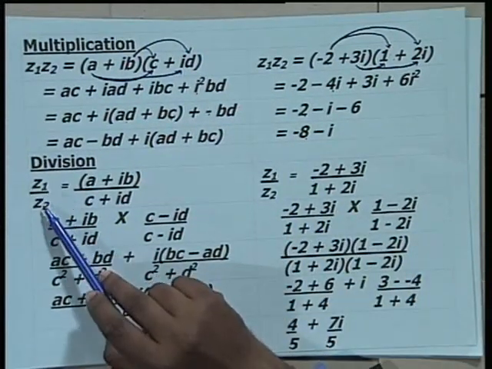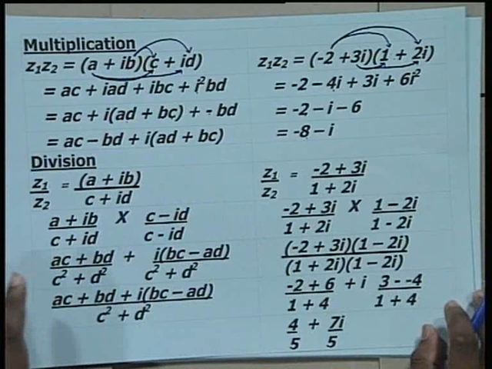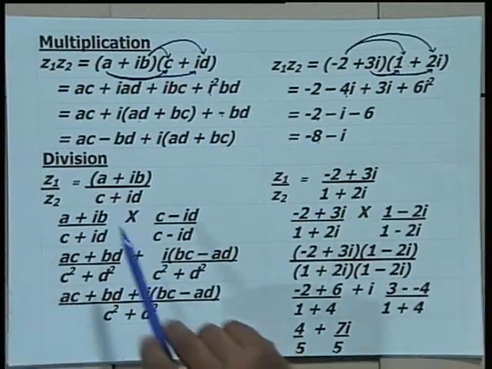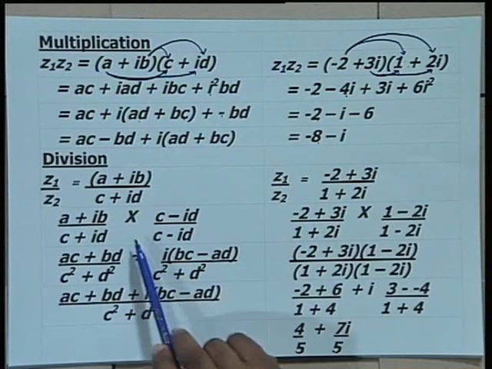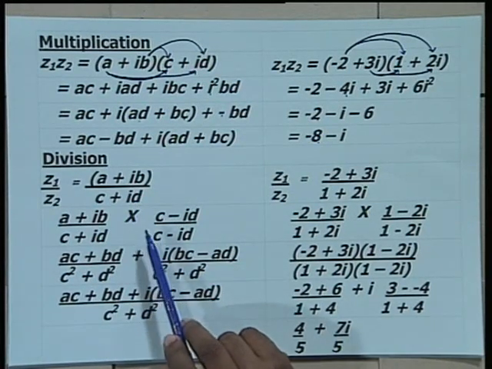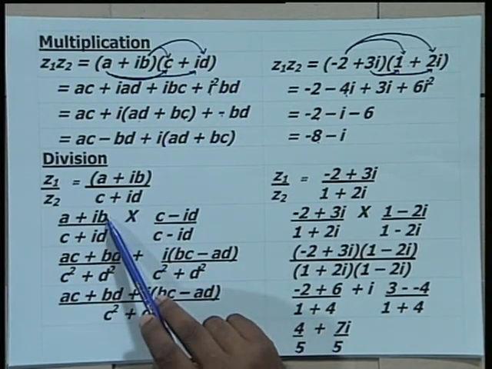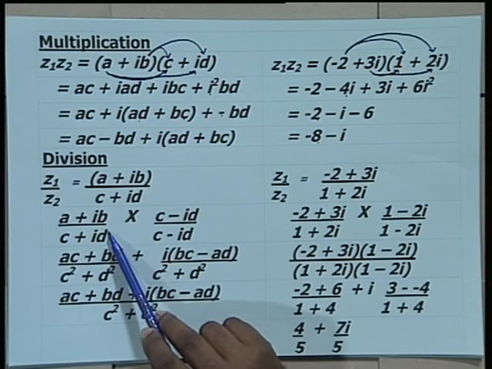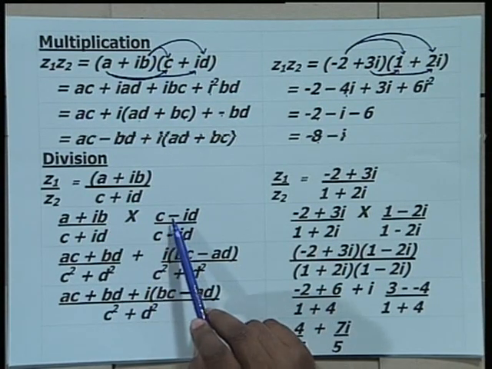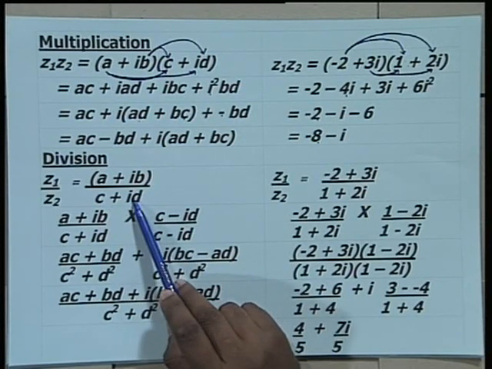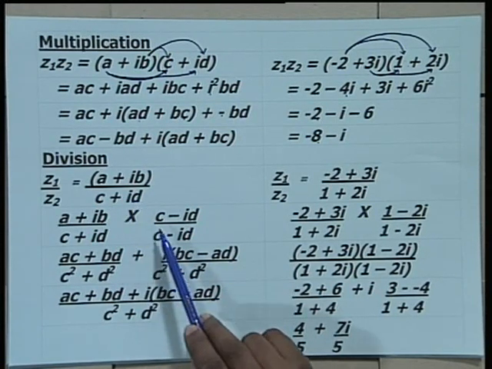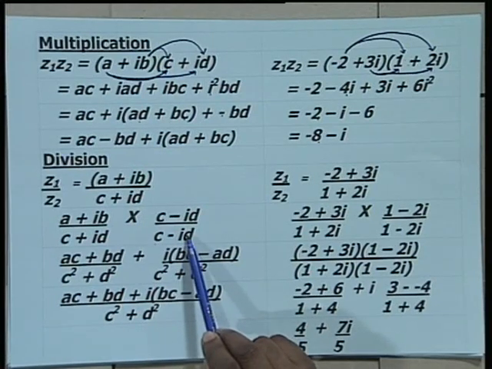To divide z1 and z2, for example, if you have to divide a plus ib by c plus id, the first step is to multiply both numerator and denominator by the conjugate of the denominator. Note, the denominator was c plus id and the conjugate is c minus id.